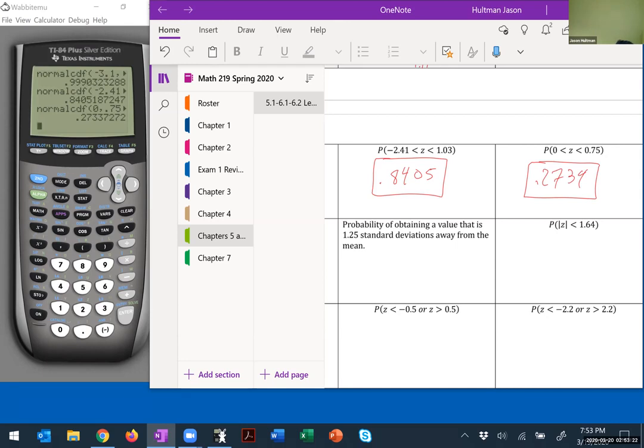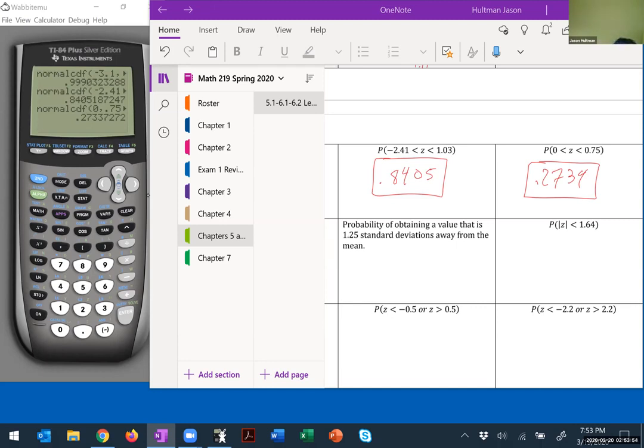So to answer your question, Jared, he can't use StatCrunch right now. Because you have access to the internet, you can Google normal distribution calculator, and there are a ton of apps that do the exact same thing that I'm doing on the calculator here.